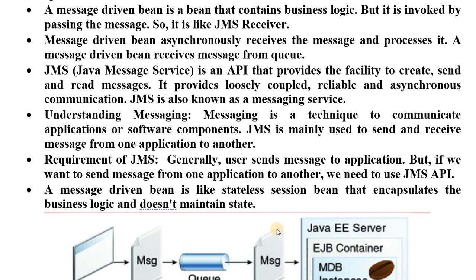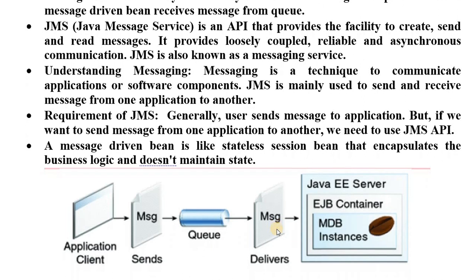A message driven bean is a bean that contains business logic, but it is invoked by passing of messages. So you don't invoke a message driven bean by calling the local or the remote interface. You invoke it by passing on messages. It handles the messages asynchronously. It picks up the messages from a JMS queue or a JMS topic.